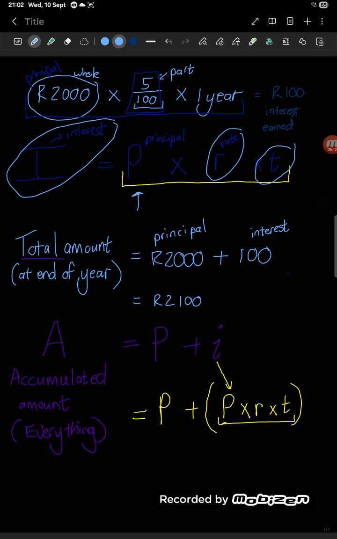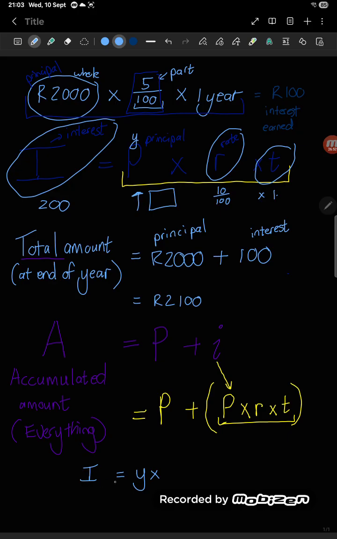So if my principal is, let's give it a variable, y, so I don't know what it is yet, I can say my interest, and they'll give you a number, is equal to y times a number. Let's put numbers to this. Say my interest is 200 and my rate is 10% and my time is 1. What was my principal? What was the first amount of money that I put in?